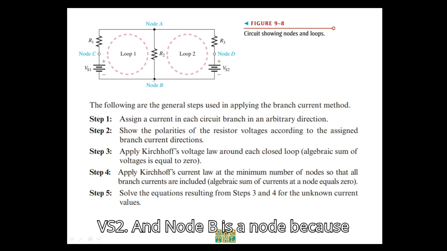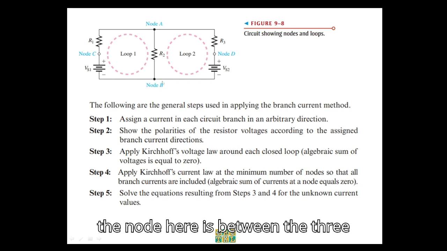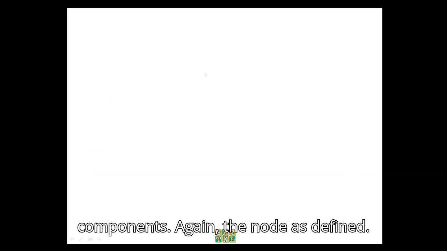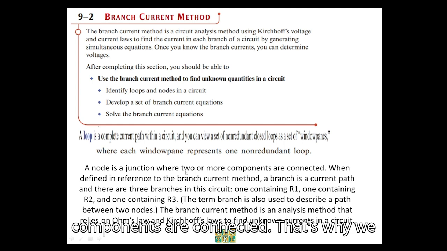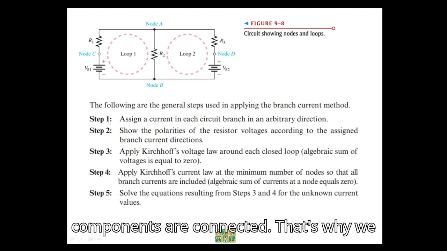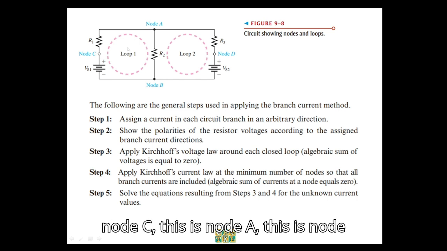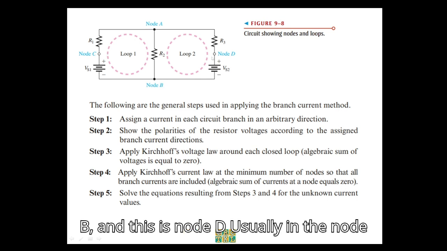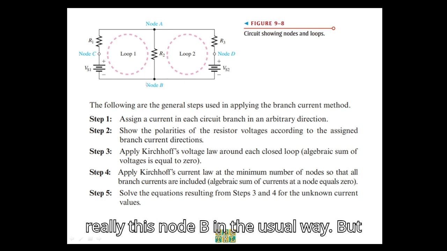And node B is a node because it has VS1, R2, and VS2 connected to it. Again, a node is a junction where two or more components are connected. That's why we still call this a node, although there are only two components here. This is node C, this is node A, this is node B, and this is node D. Usually node B is connected to the ground.